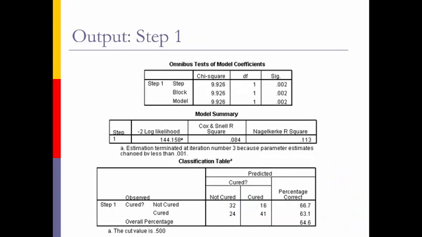Now there's a lot of information here. All right, so step 1. What is in step 1? Well, we figured out before that the first thing it's going to put in is intervention. So that's what's in step 1.